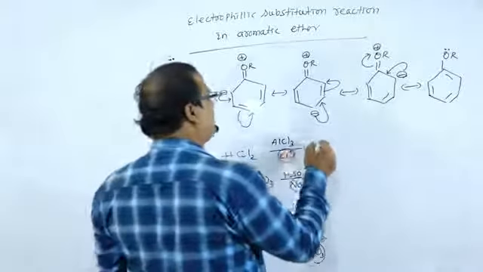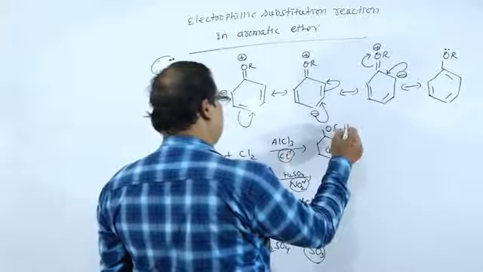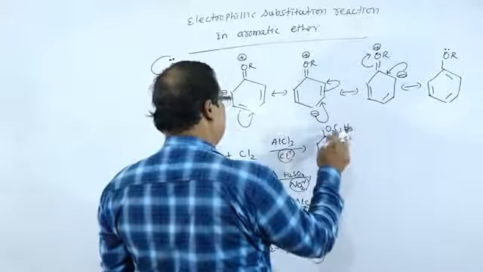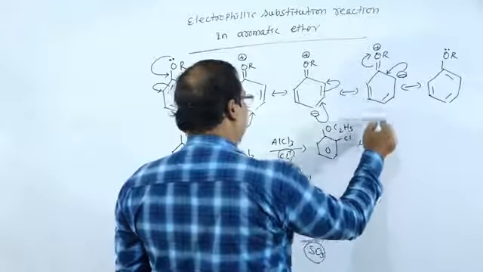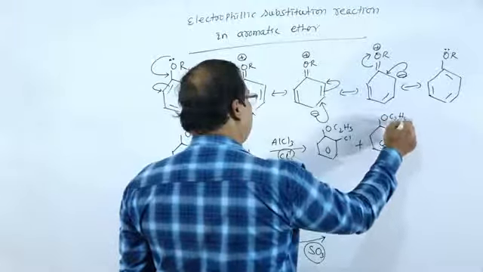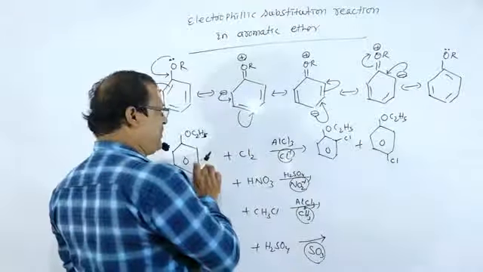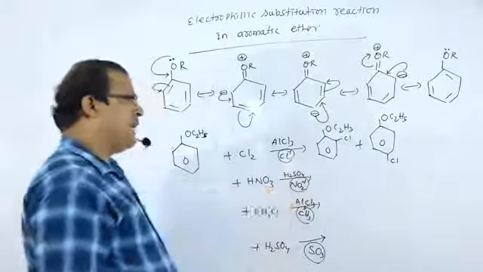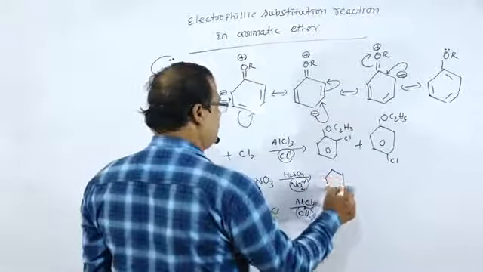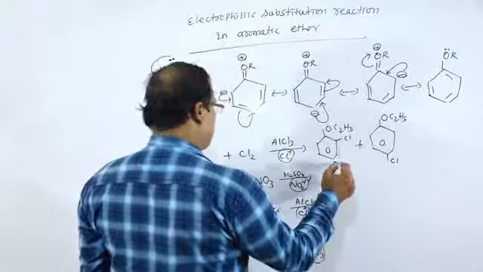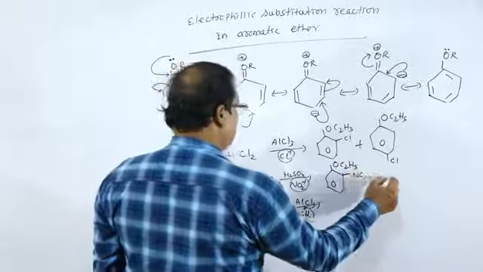So what will be the product? That is OC2H5 with Cl at the para position. Whenever this compound is treated with nitric acid in the presence of sulfuric acid, there is the formation of ortho-nitro, that is OC2H5 with NO2 at the ortho position, or NO2 at the para position.